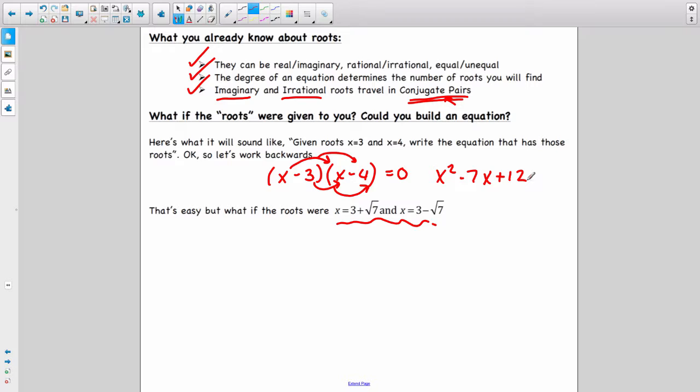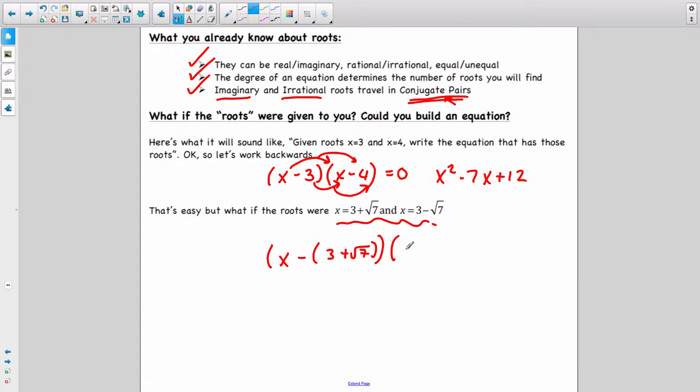But if someone gave you these 2 roots, these beautiful conjugate pairs, what are you going to do? It's a little ridiculous, wouldn't you say? Let me try something. How do I minus that? So like x minus 3 plus radical 7. That would be my T-chart thing, right?